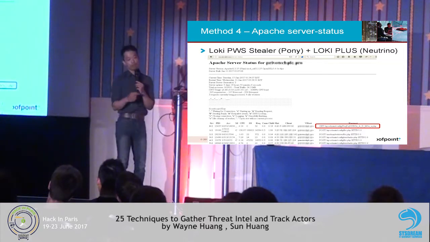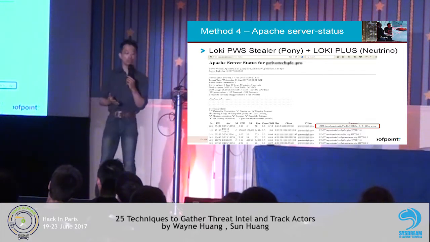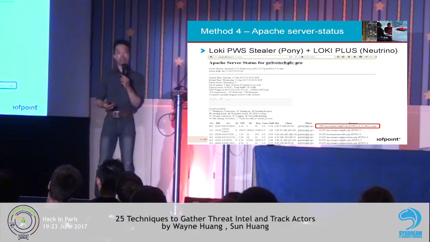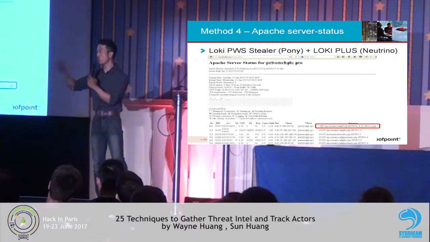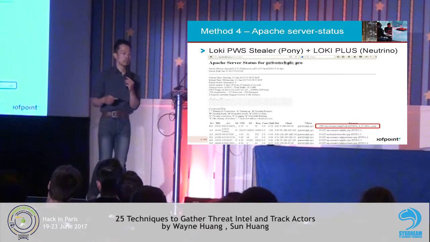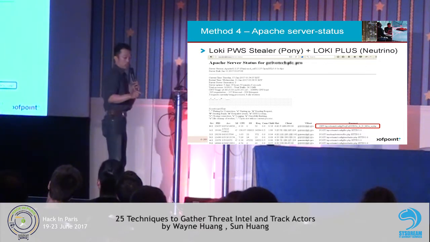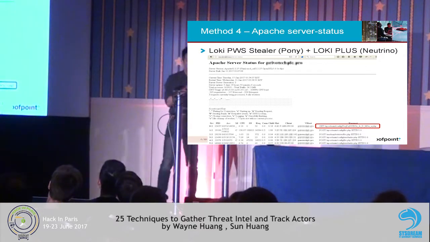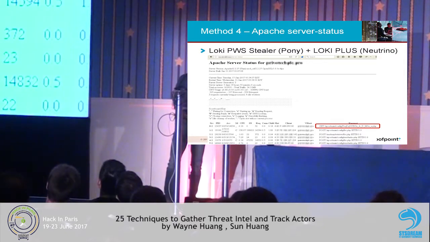As we'll show you how we figured that out: their Apache server status module was turned on, so we just wrote a script to keep crawling that module, that URL. We're looking at these URLs, and let me try to zoom again. Hopefully it will work.